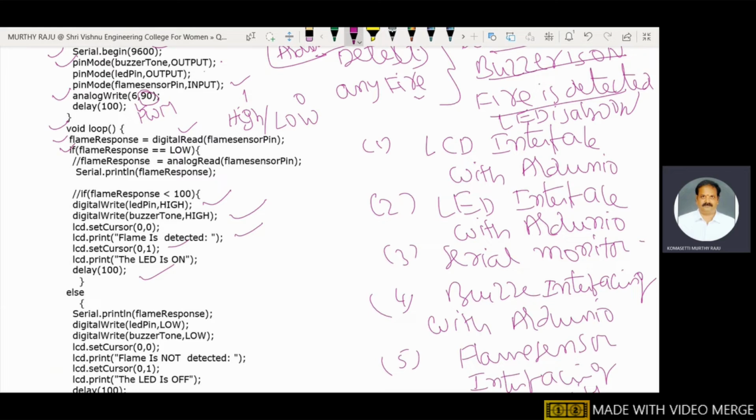These are the actions to be initiated when flame response is low. This is a very important point: flame response is low means fire is detected, which means the LED is on, the buzzer tone is high, and the LED pin is high.